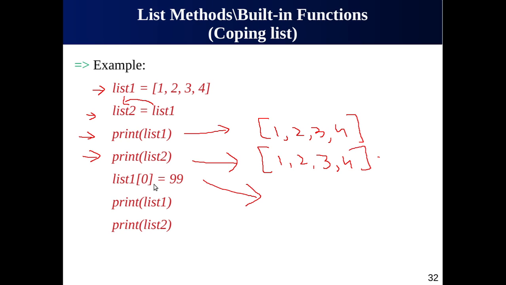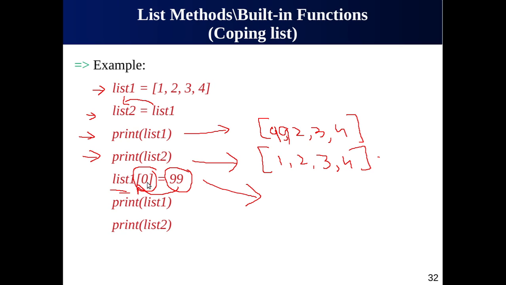Now, with the assignment operator, we want this element to be assigned to list1. Which location? The 0th location. So this is list1. We have changed this to 99.